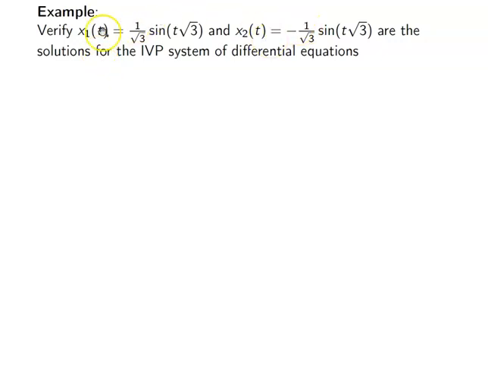So a system of equations, right, as a solution, are the solutions for the IVP system of differential equations given by: the second derivative of the first function is negative 2 times the x1 function. So again, these are functions, not the variable, right? These functions that are given to me. So negative 2 x1 of t, plus x2 of t, and the second differential equation in that system is that the second derivative of x2 of t is x1 minus 2 x2.